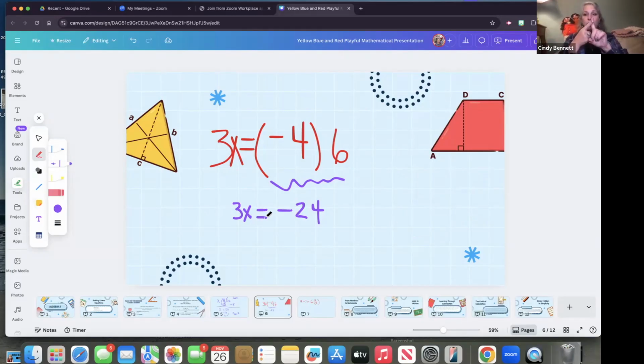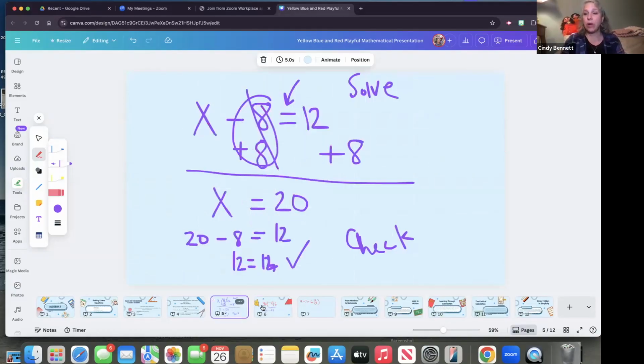So first, simplify. Number 2, add or subtract something. Now I have nothing added or subtracted to x, so I'm going to skip that step and go to multiply or divide. If I'm multiplying something by x, I want to multiply something by that number to make 1. So when you're adding, you want to add something to make 0.